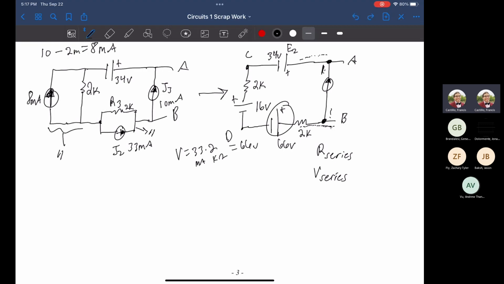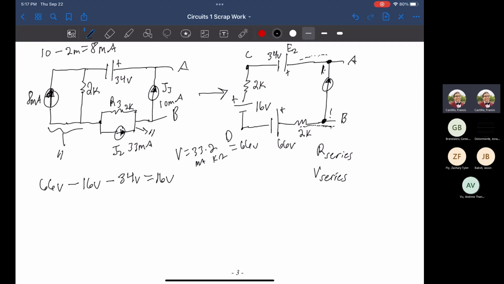There's only 2 of them that match up, E2 and the 16 volts. They have proper orientation. You would add them together. This 66 volts, though, is facing the other way, meaning there is going to be a difference. So this is going to be 66 volts minus 16 volts minus 34 volts. That's going to get us 16 volts.